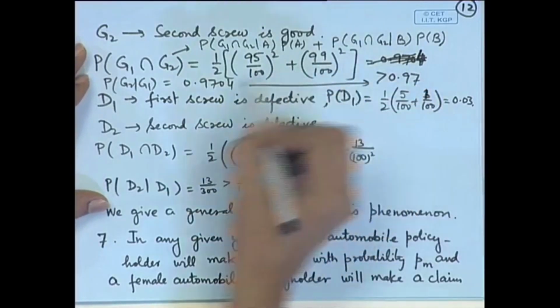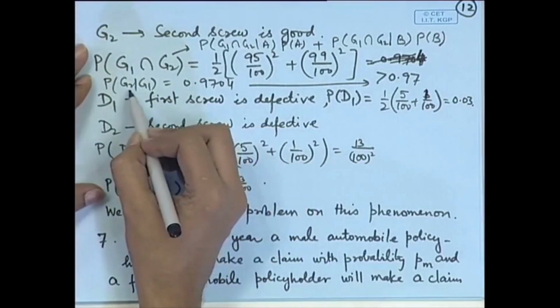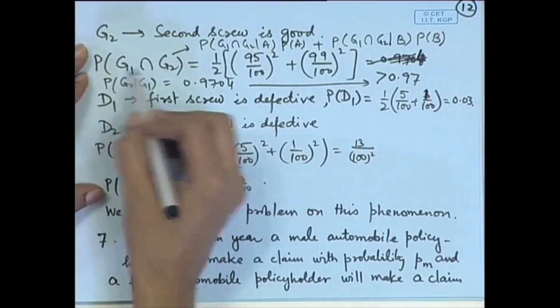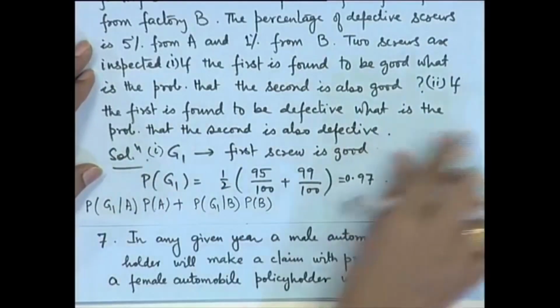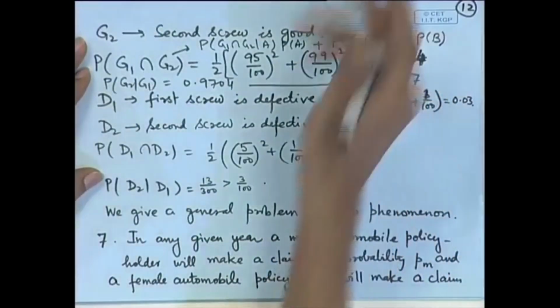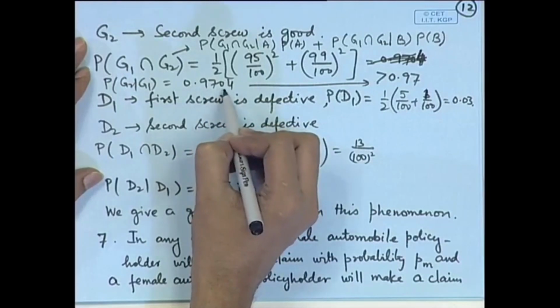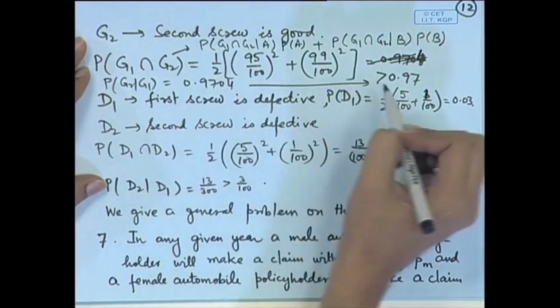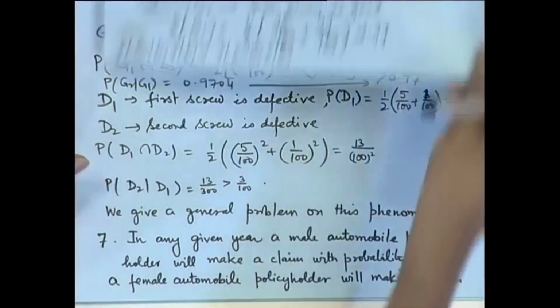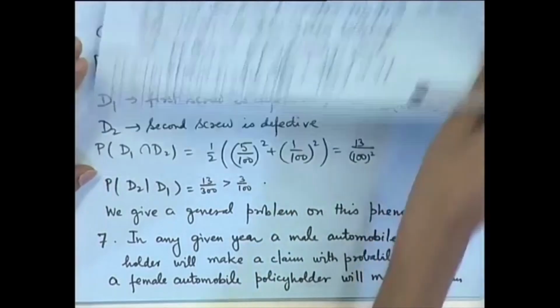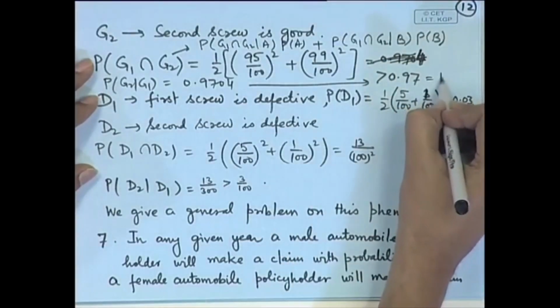So, after some simplification, probability of G2 given G1, that is probability of G1 intersection G2 divided by probability of G1, turns out to be 0.9704, which is clearly bigger than 0.97, that is the probability of G1.